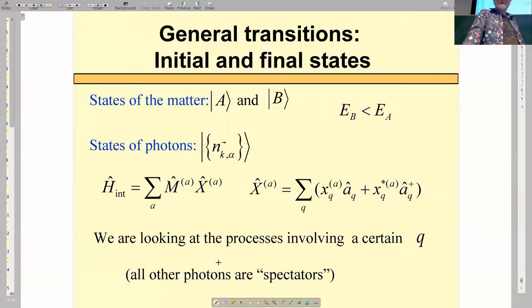All right, let me try to get further. Now I'm going to be rather technical, and I consider a certain example, but still I want to be general. I don't want to give you any specification about the states of matter, which are A and B, whether they are atoms or molecules or anything, because it's valid for everything. So we have two states of matter, A and B, and at the moment, at least on this transparency, A is the excited state. Fine.